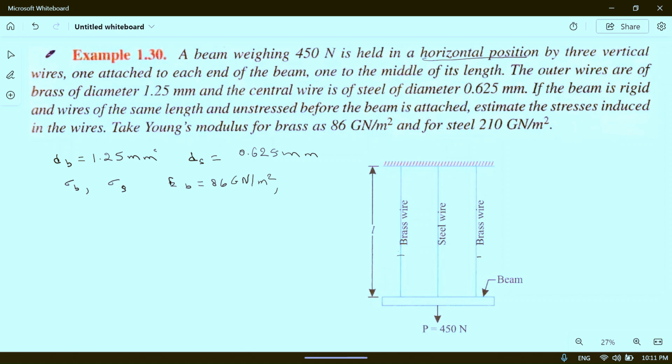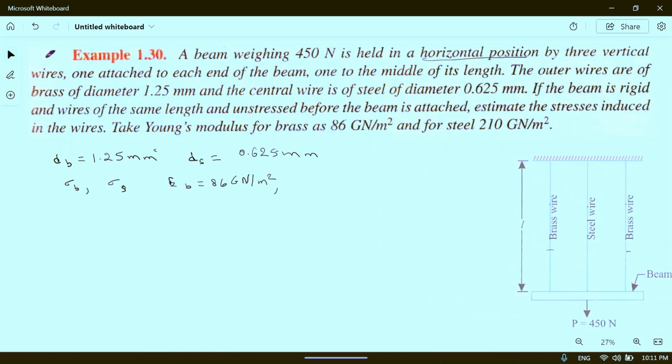and Young's modulus of steel is equal to 210 giganewton per meter square. Now we have load 450 Newton.